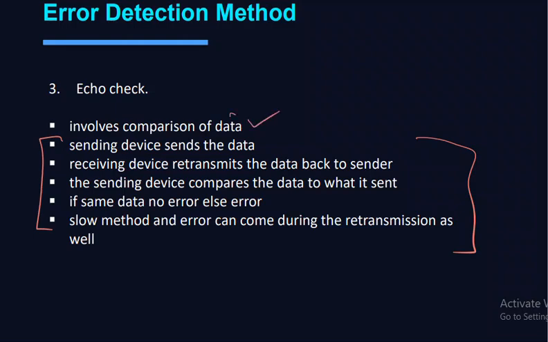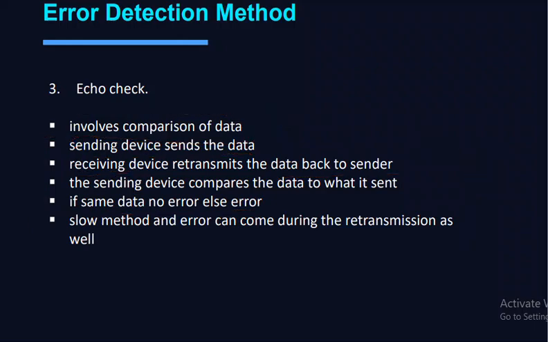The introduction points and approach points are different, but otherwise the sending device sends the data and the receiving device receives the data, they're not changing names. In the last part, if it is the same data, then no error, else error. In every error checking method you will find the same things.